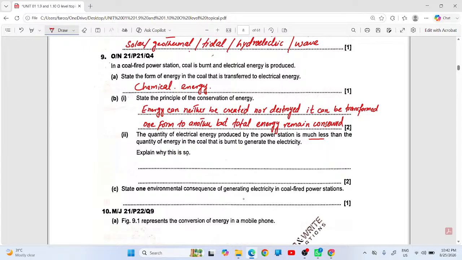Explain why this is so. एफिशिएंसी की वजह से आप कह सकते हैं, क्या लिख सकते हैं?